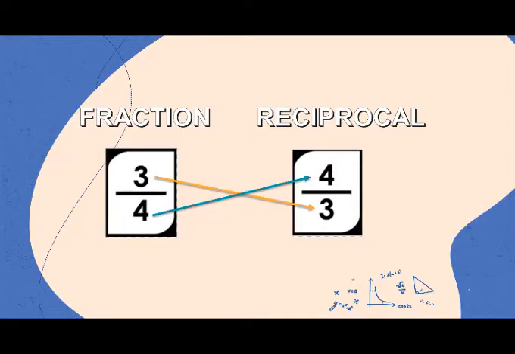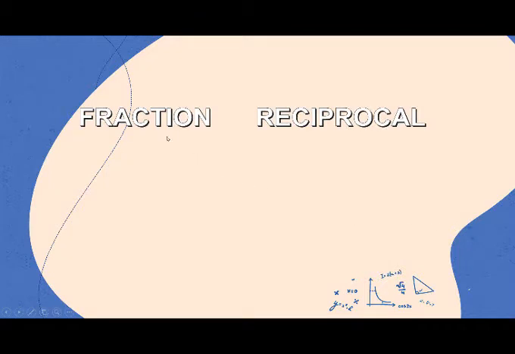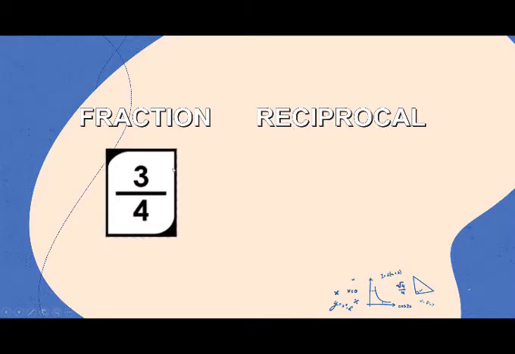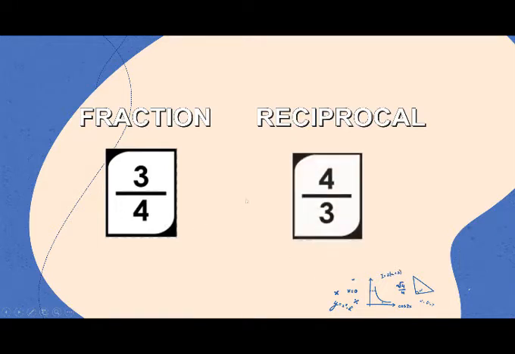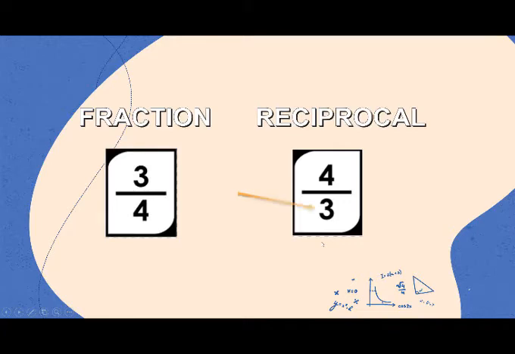That's the reciprocal. We only have to write the fraction by inverting the numbers. Okay, we have an example, the fraction 3/4, and the reciprocal is to invert or exchange the numbers. Flip the number. 4 was in the denominator, now it's in the numerator.